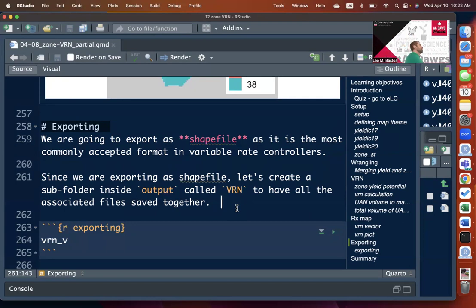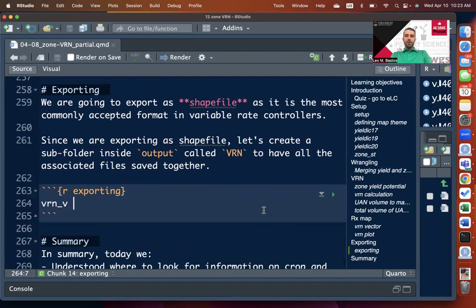You don't have all those extra shapefile associated files floating around. It's easier to create, to export, to share. Now, most growers are going to be using equipment that I don't even know if it reads GeoJSON, but for sure it reads and understands shapefiles. So if the goal is for a grower to implement this, we want to export it as a shapefile to share with them so they can actually use this on their equipment.